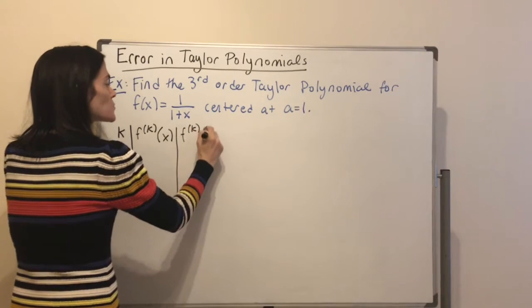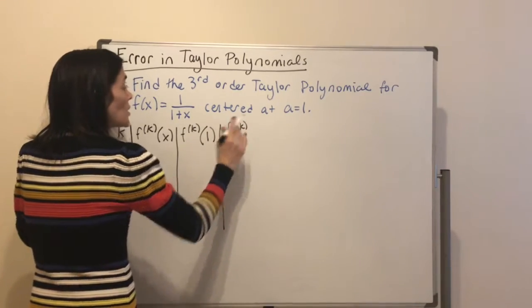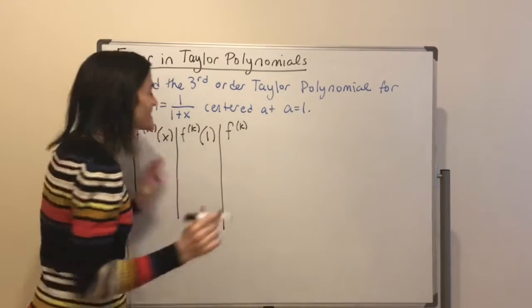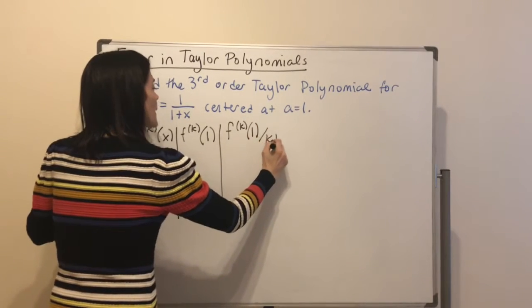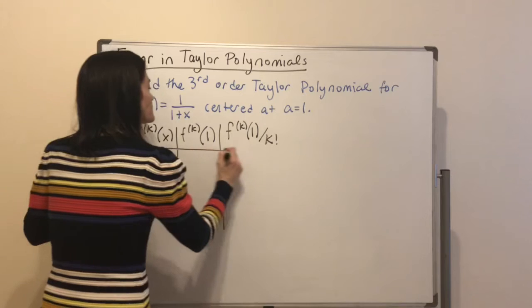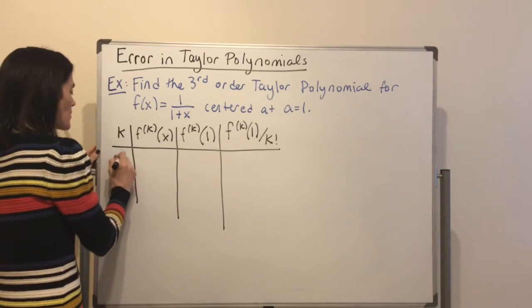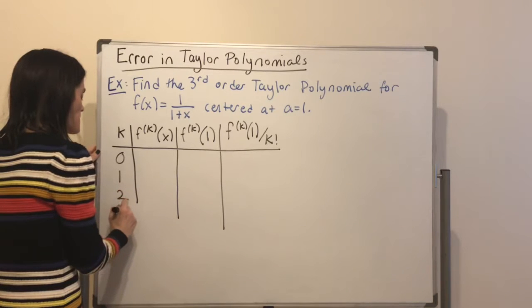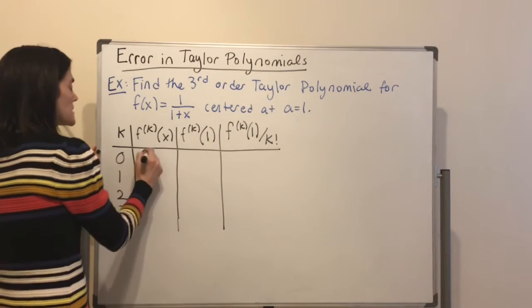My center is 1, and then the last column, which is the column of coefficients in my polynomial, we divide by k factorial. And then we need third order. Okay, well, this is the original function.